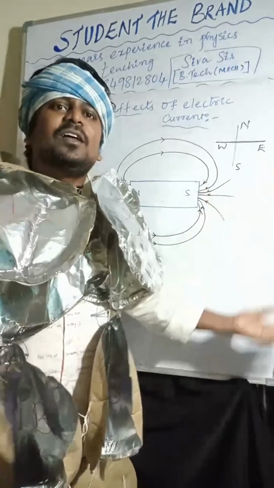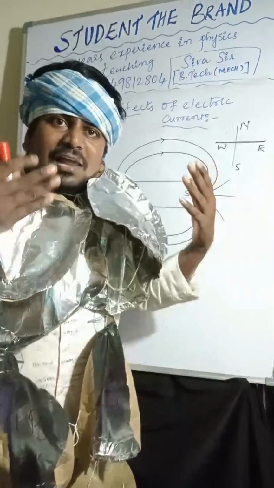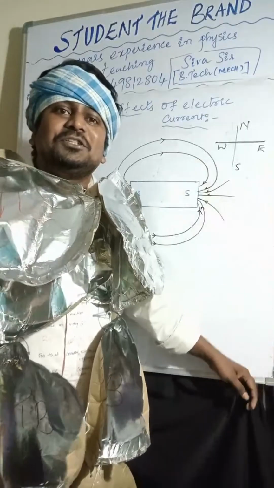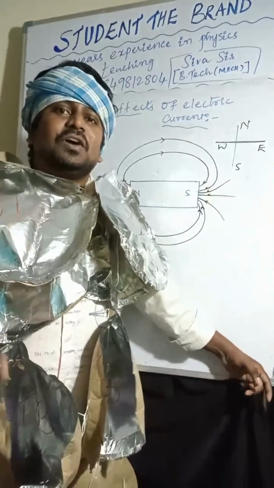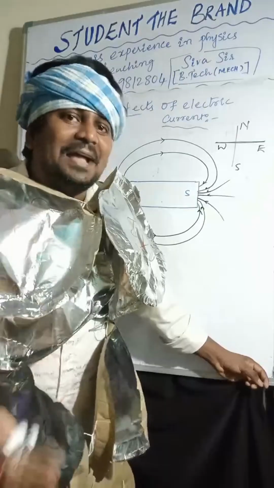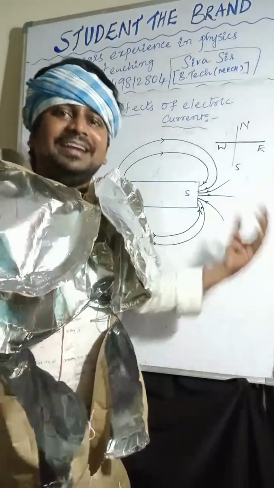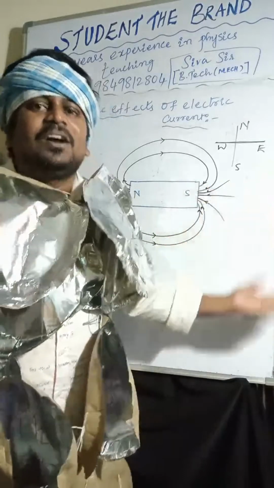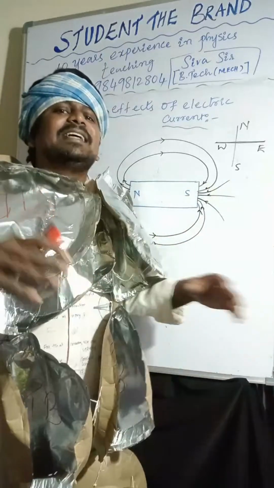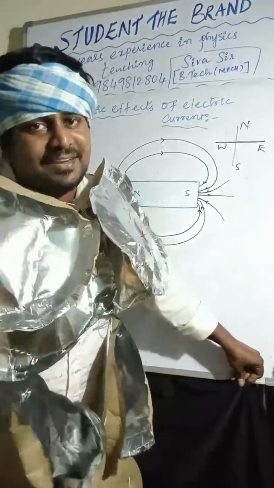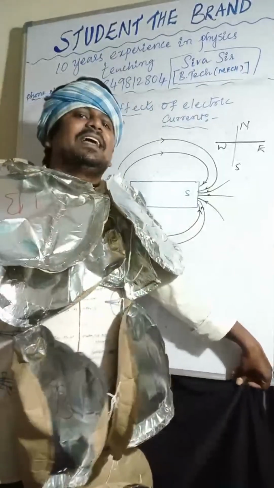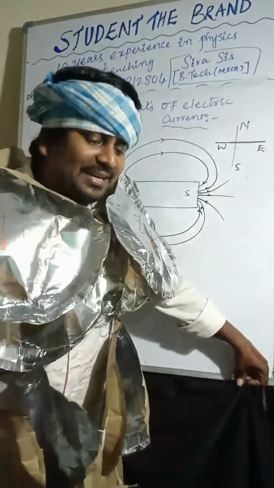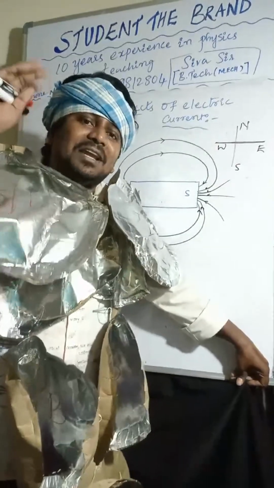It is not at all possible for the compass to show two directions at the same point. That's why field lines never intersect.